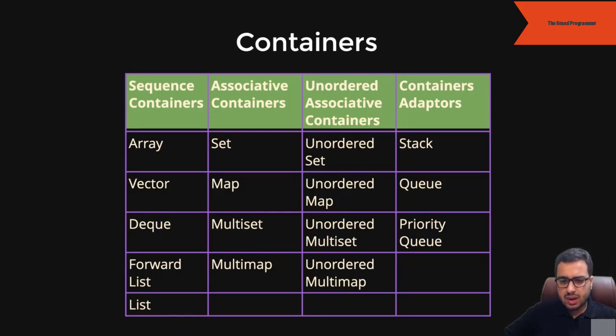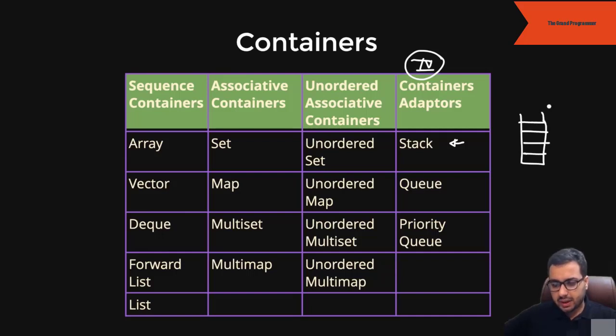Now there is one fourth category which is known as container adapters. They provide a different kind of interface to the containers. One of them is stack. Stack can be easily implemented using an array or a vector or a linked list. But what stack provides is different methods to access the data.